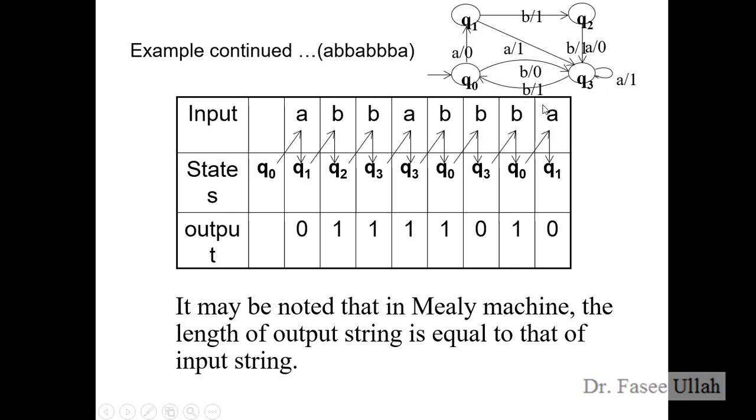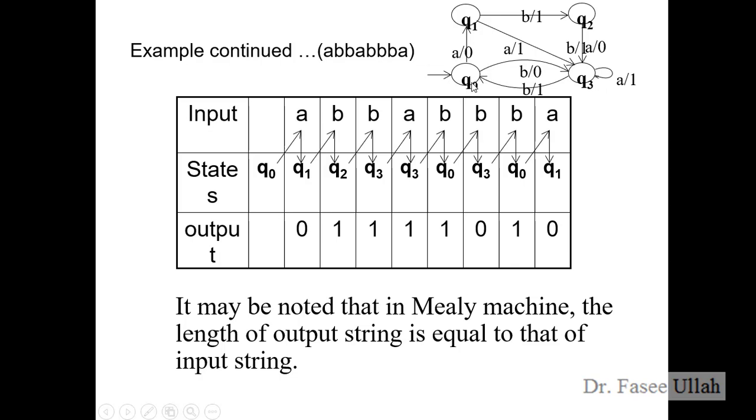Next we have B. If I move from Q3, to which state? Q naught, because we have seen the direction of the arrows based on the output values as well. So if I move from Q3 to Q naught by consuming B, it will produce 1 as well. So I'm here at Q naught.